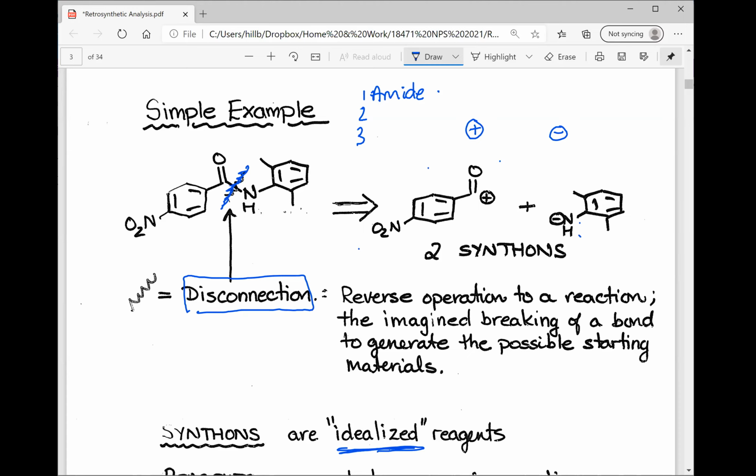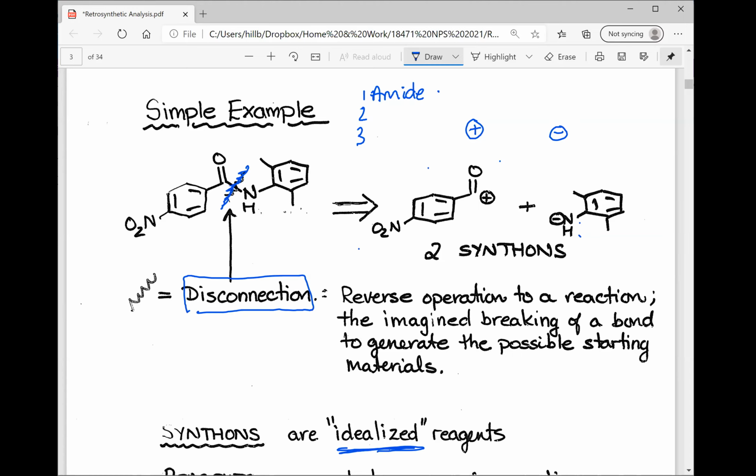So when we're breaking this bond, basically imagine what each one of these things would look like. The easiest way to do this at the start is to use these things with positives and negatives, and then later on we're going to see what this nitrogen with a negative would look like, or what this carbonyl with a plus, what the actual reagent would be.